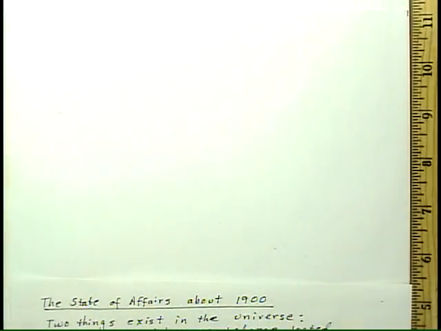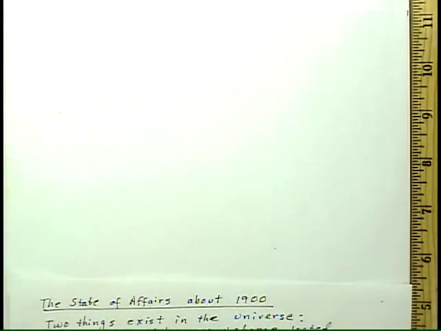Let's sum up where we were and what the state of affairs was about the year 1900. The state of affairs in about 1900 was very simply that we had two types of things that existed in the universe.